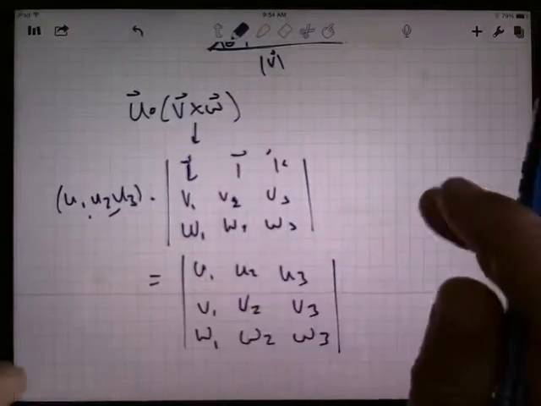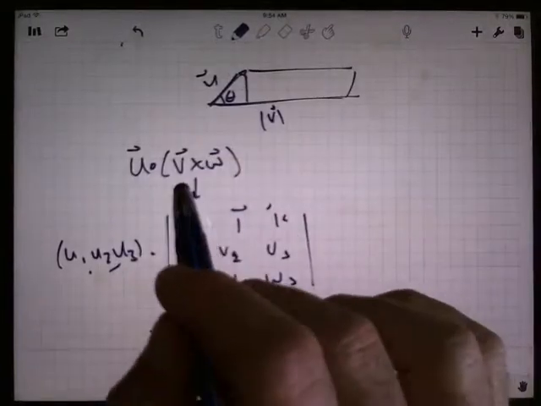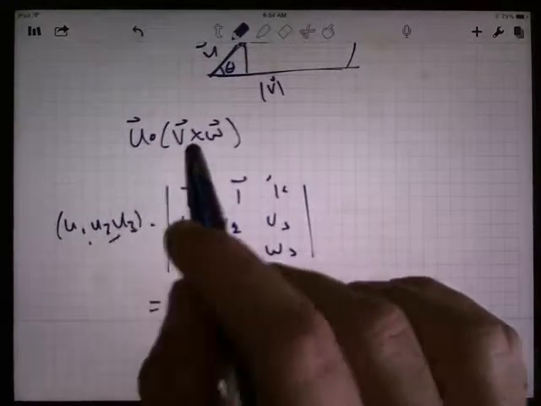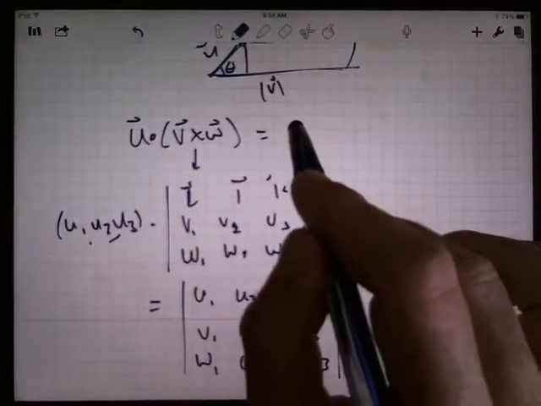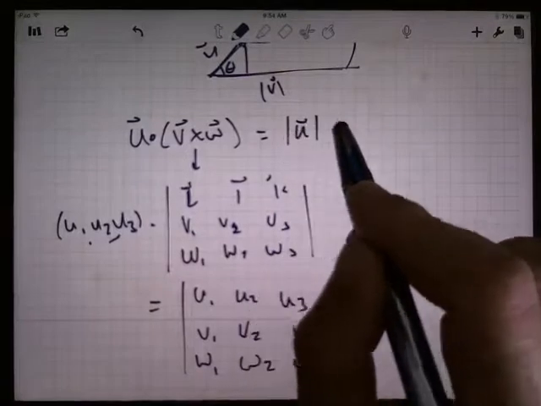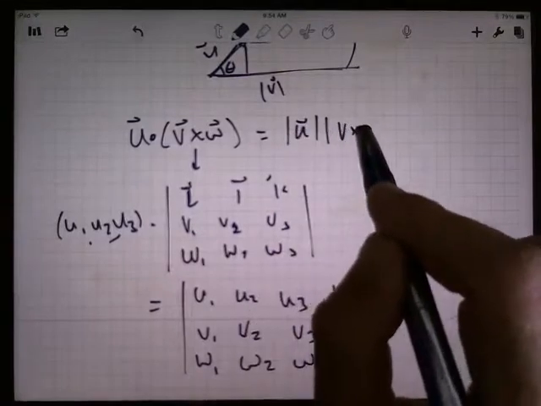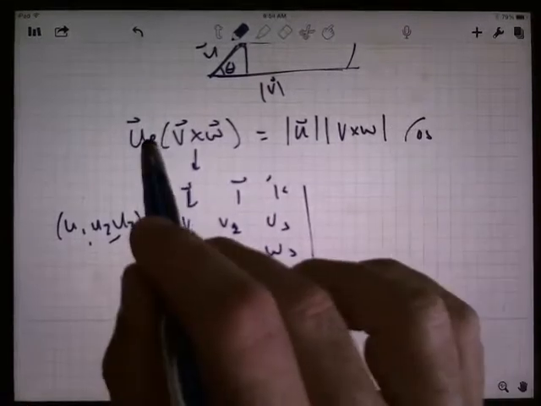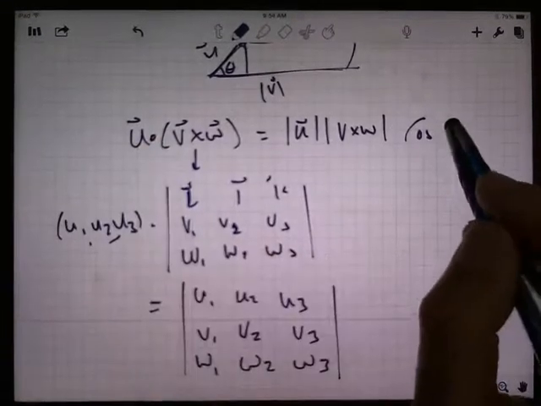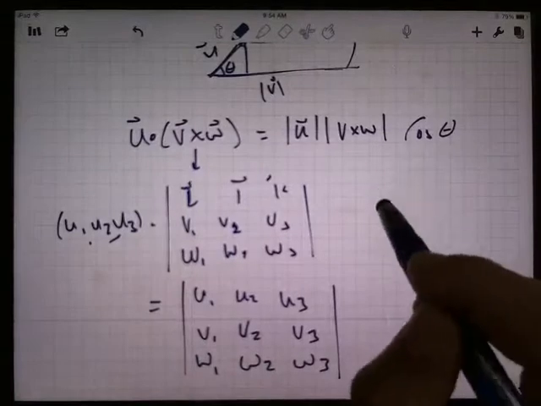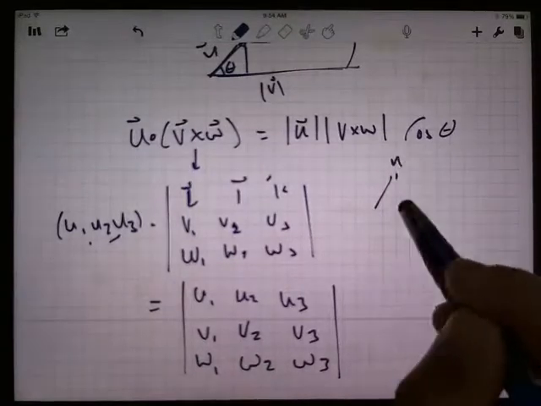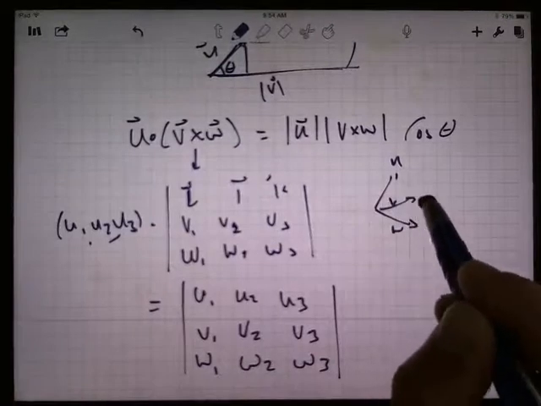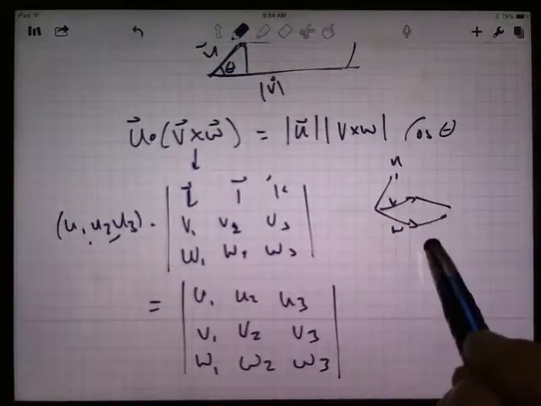The triple product is a dot product, so this is equal to the length of U times the length of V crossed with W times the cosine of the angle in between these two vectors, right? And so the thing is, if you've got U, V, and W, so V and W make a parallelogram down here.